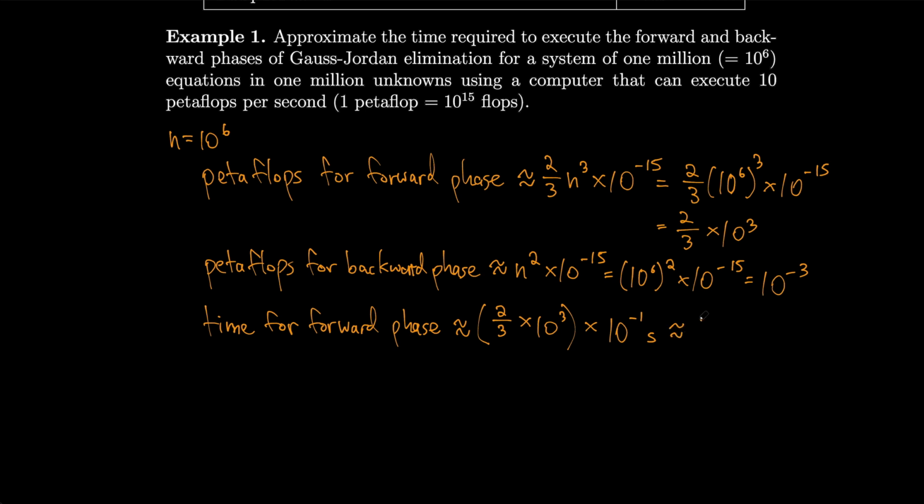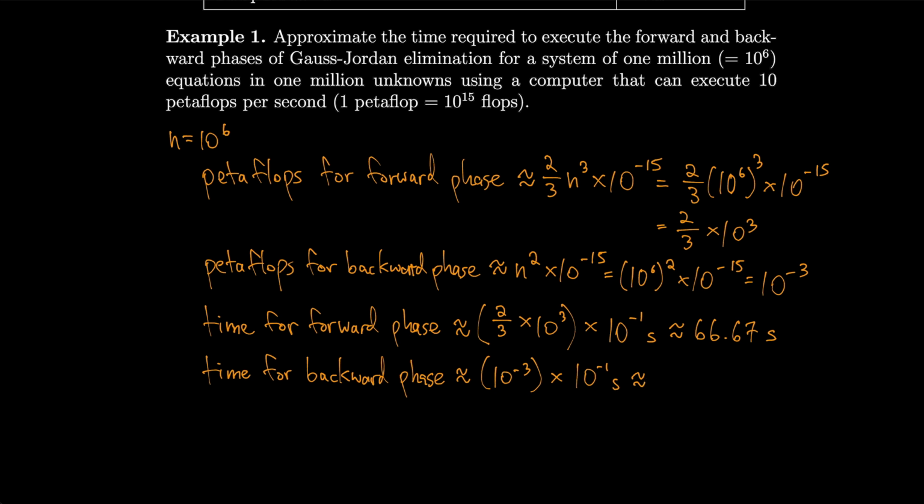That means it should take the computer 66.67 seconds to do the forward phase. The backward phase, just the plugging in, we expect to be a lot faster. The time is about 10 to the minus 3 times 10 to the minus 1 seconds, which is really, really fast. It's 0.0001 seconds.